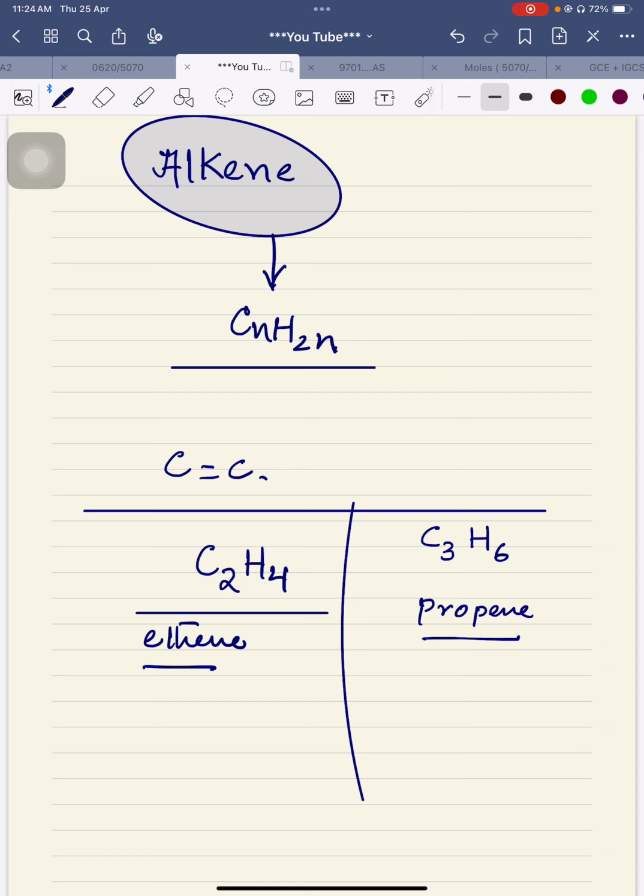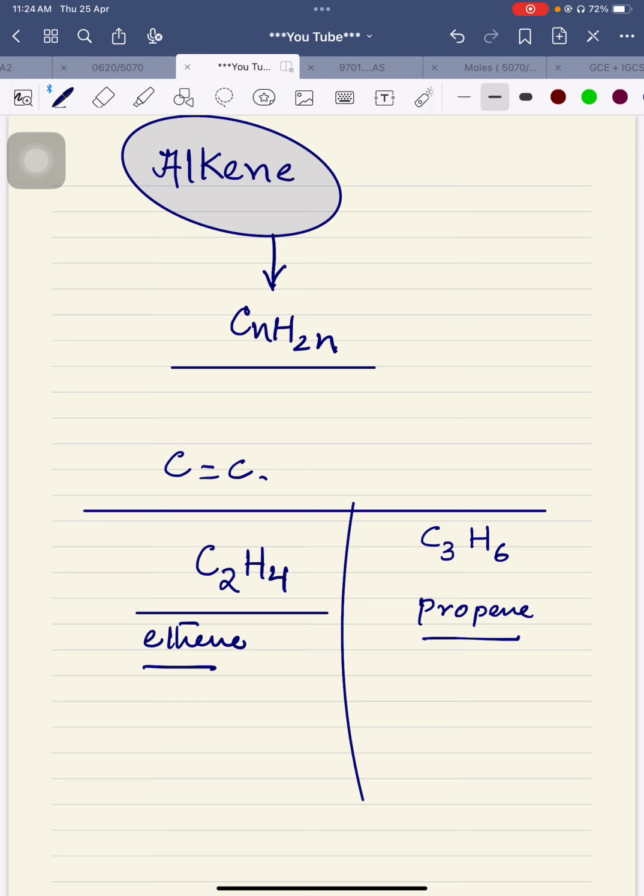Once I have taught you a little of the content, I will bring your attention to a separate topic called the naming of organic compounds, in which I will tell you what position we have to mention, how we have to label the double covalent bond, and where something is attached in an alkene or in an alkane, etc. So this is just an introduction to alkenes, to tell you how to write the structure and formula of an alkane and of an alkene.